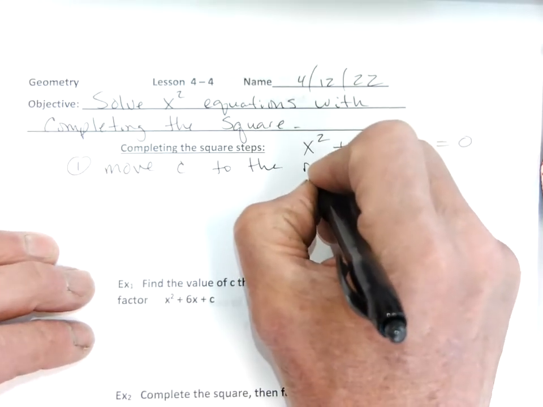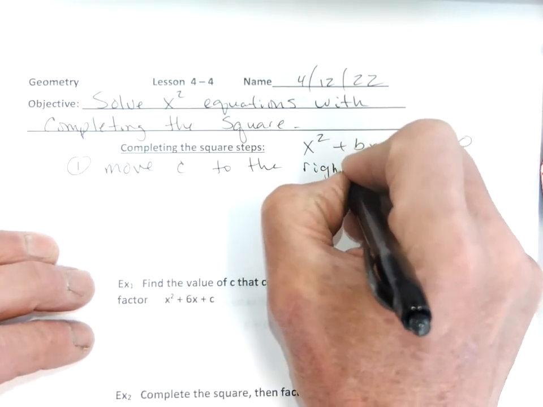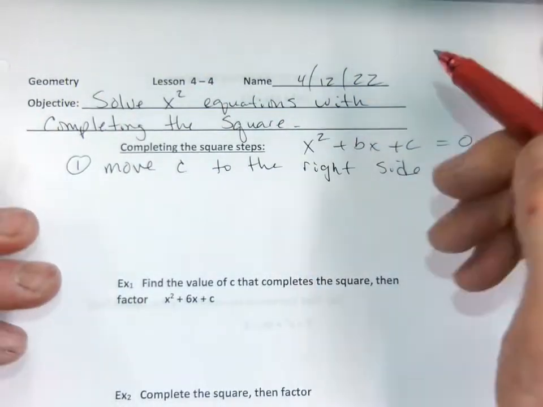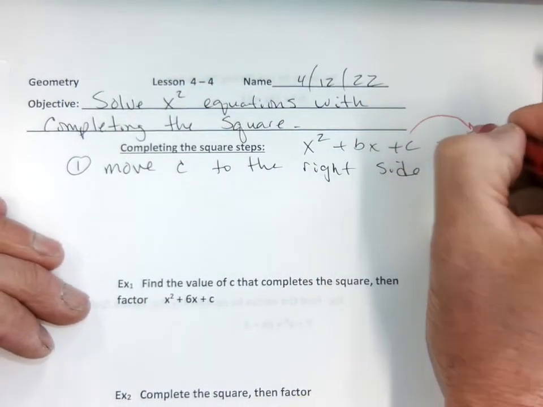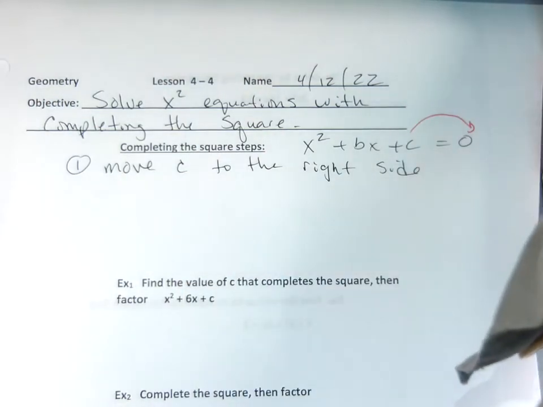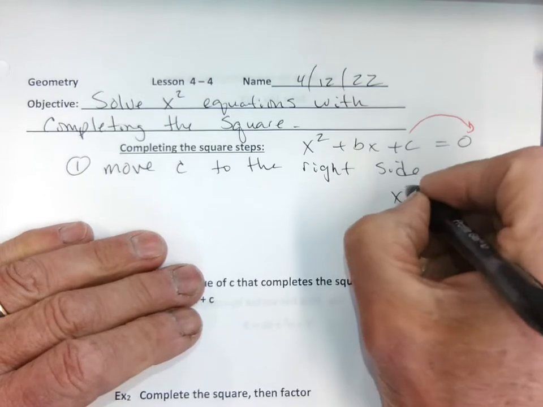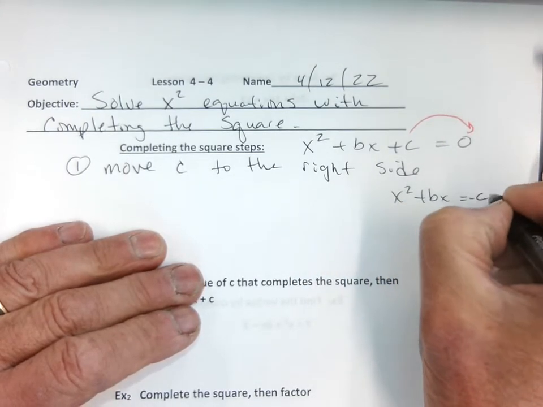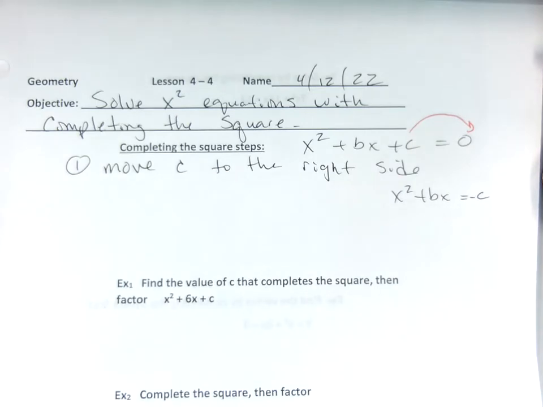I'm literally going to bring it over there by subtracting it or adding it, or whatever I have to do. Then it looks like x squared plus bx equals negative c. That's always step 1. If it's already over there, then you don't have to worry about it.